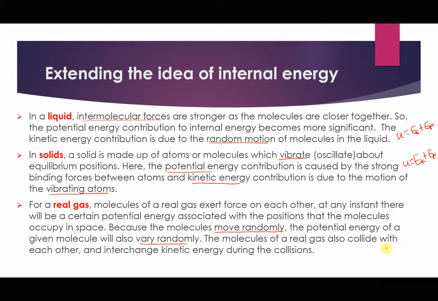The molecules have kinetic energy because they are moving freely, and during collisions they can interchange their kinetic energies. So the kinetic energies they have are also randomly distributed. So for a real gas, therefore, the internal energy can also be equal to the sum of the kinetic and the potential energy of the molecules that make up the real gas.